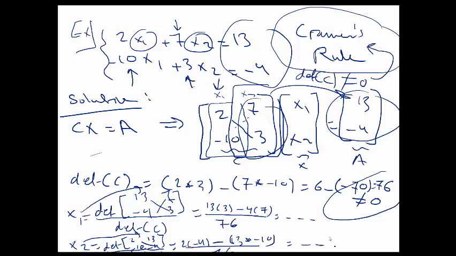You can use Cramer's rule to find the solution for x1 and x2.